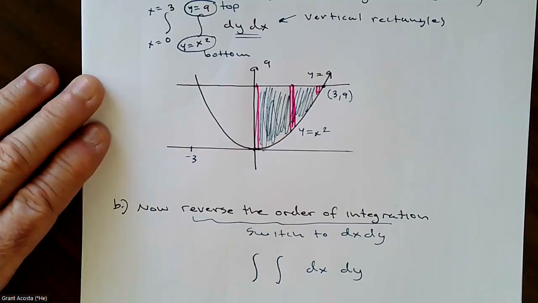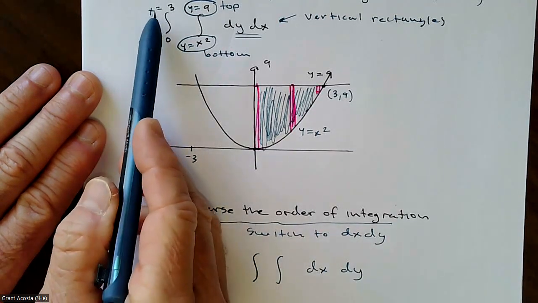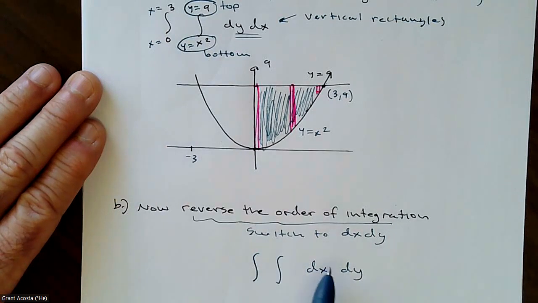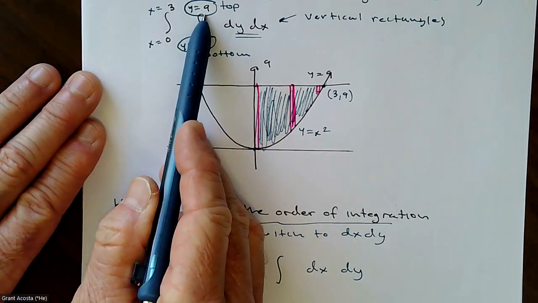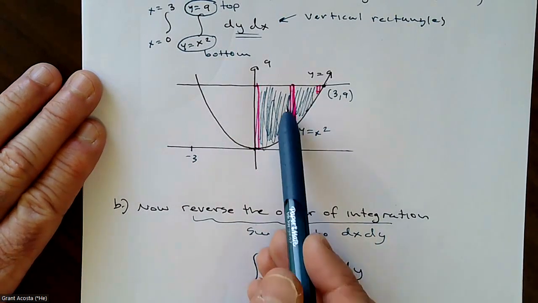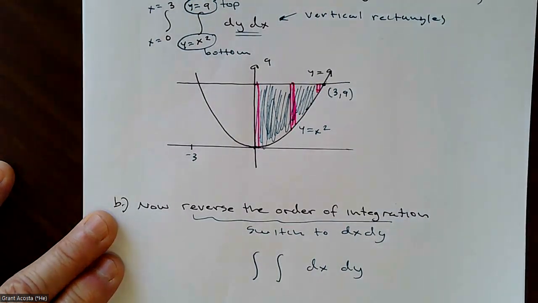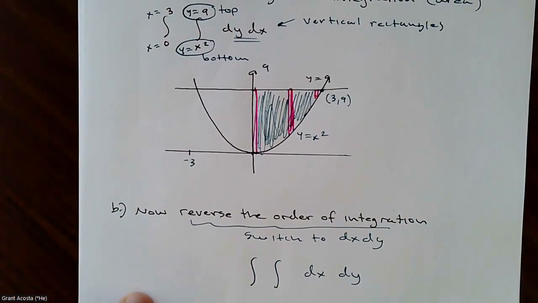You would like to think, well, if this is x and these are y, and I switch it to dx dy, why don't I just put the x limits here and these y limits there? It's not going to work, almost never, unless you get something with just constants. Because what you have to think about is this region of integration. I think I'm going to redraw it. Let's move this down.